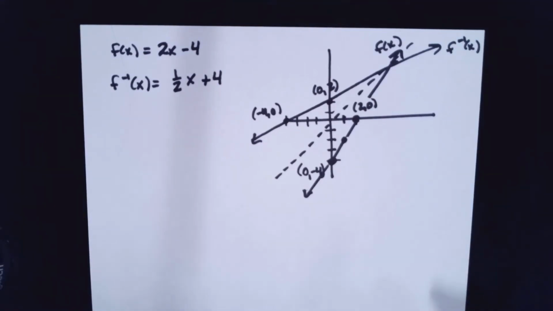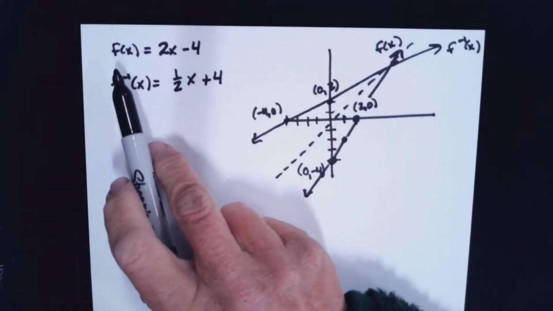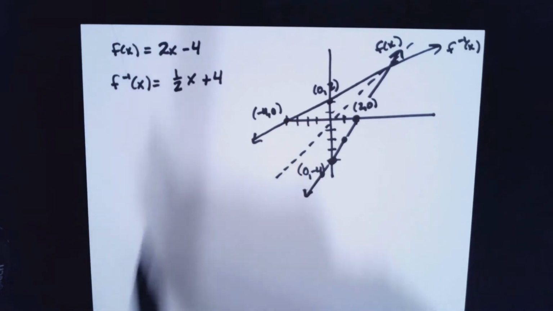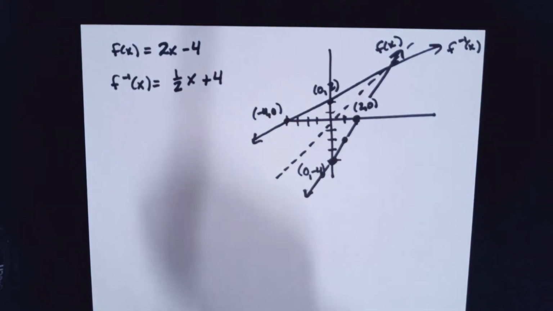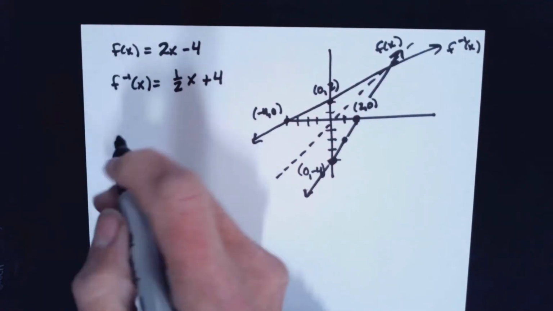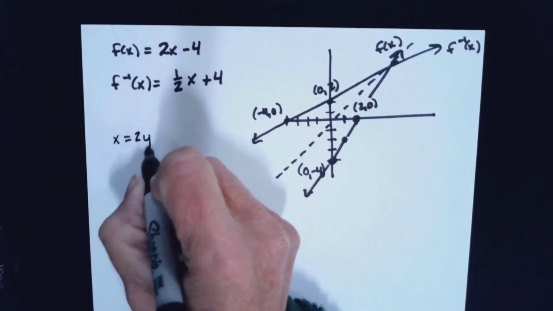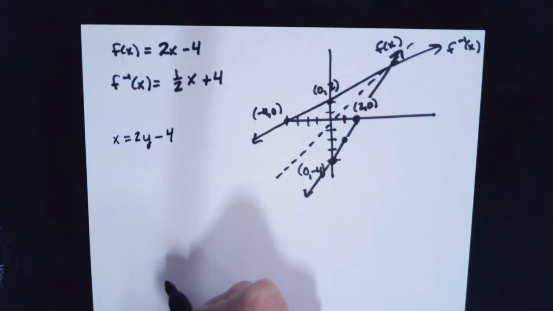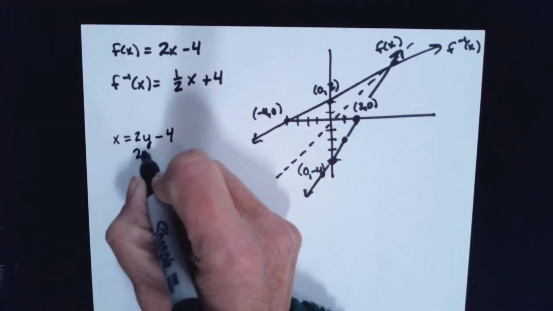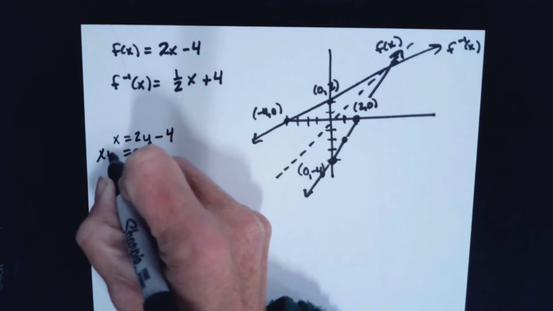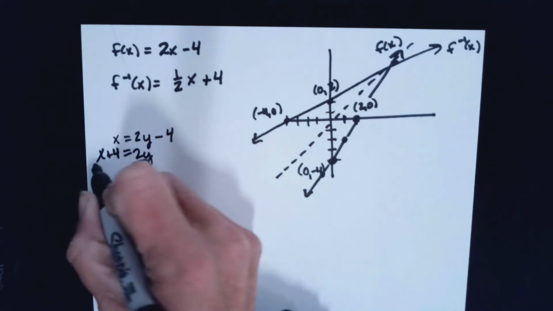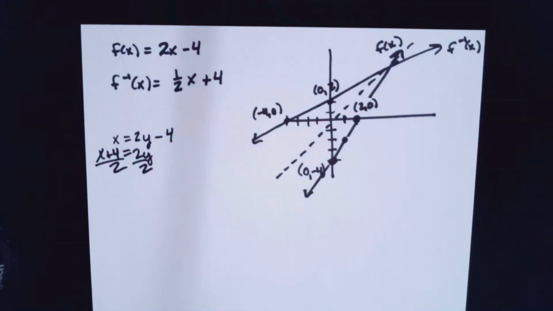So once again, just reviewing inverses, we start with the function 2x minus 4. And remember, to find an inverse, we would switch the x and the y, and then solve for y. So divide by 2, we solve that for y.